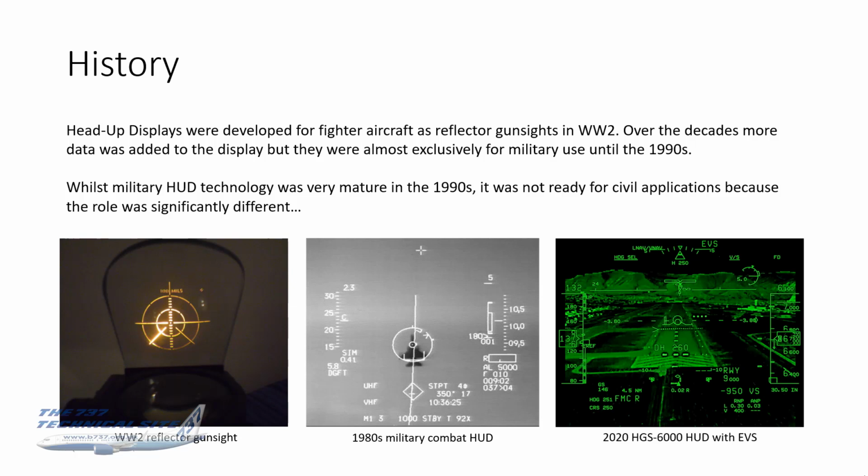Over the decades, more and more data was added to the display, but really they were pretty much exclusively for military use until the 1990s. Now, whilst the military HUD technology was very mature in the 90s, it wasn't ready for civil applications, and the main reason for this was that the role was significantly different.